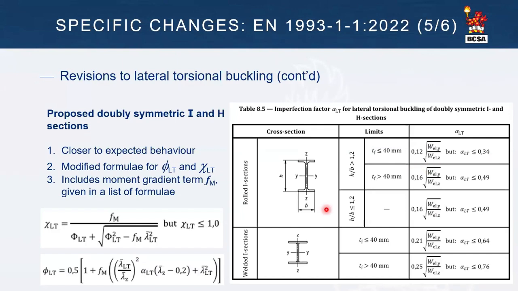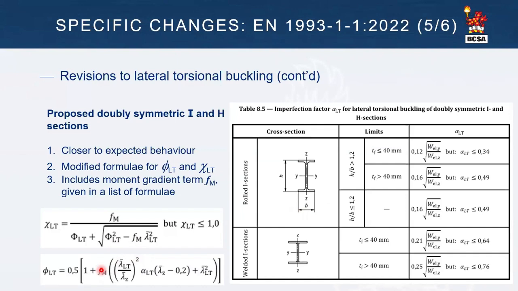There are also different expressions to compute chi-LT and phi-LT compared with the current code. They bring in a moment gradient term f_m, which you can see in both equations, defined as a factor that accounts for the effect of the bending moment distribution between discrete lateral restraints.